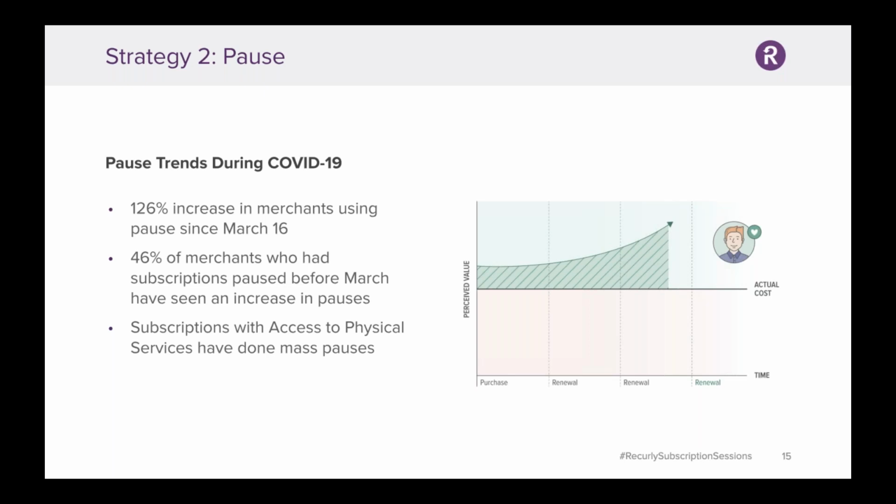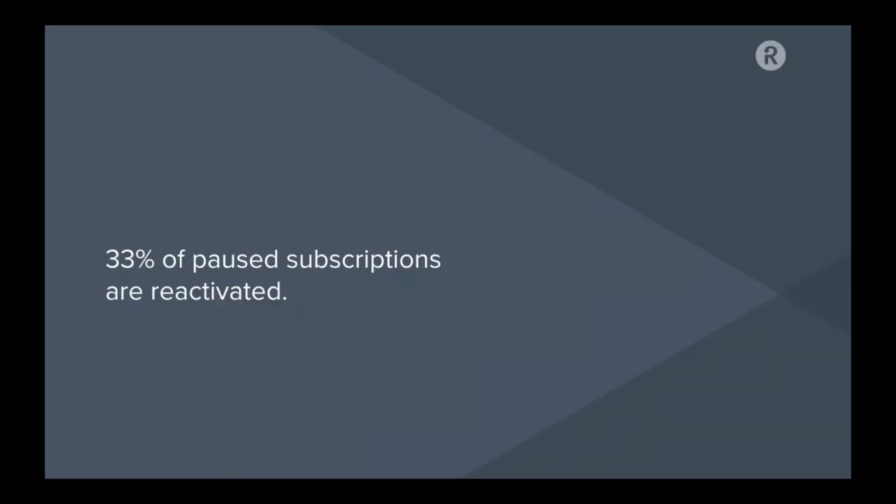And obviously those merchants that we see who have some sort of physical component to their business, like movie theaters, or they have a physical park, those customers are looking at, how do we really pause the entire base and do a mass pause?